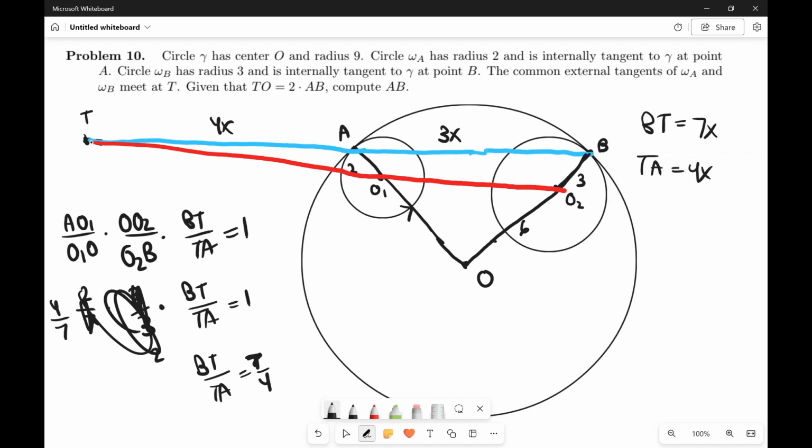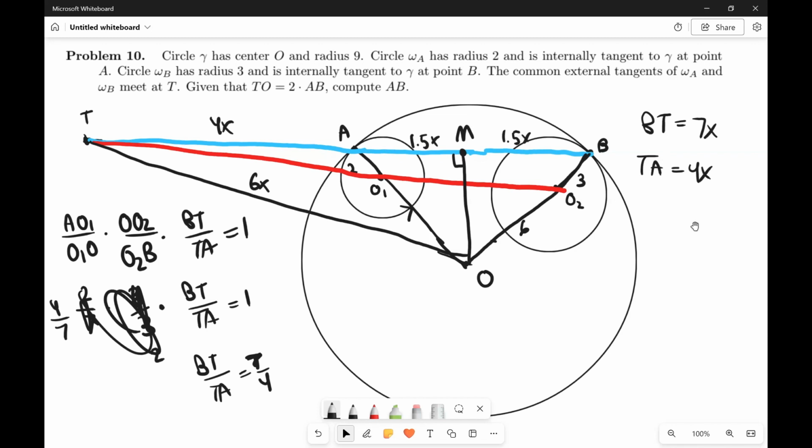And on top of that, by the given condition in the problem, we know that TO is equal to twice AB, which is 6x. Now because we have OA equals OB, the natural thing to do is to drop the foot of the altitude from O to AB, which is just the midpoint of the segment. So let's let this point be M, then this is a right angle, and that's 1.5x and 1.5x.